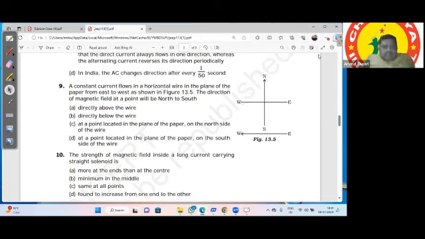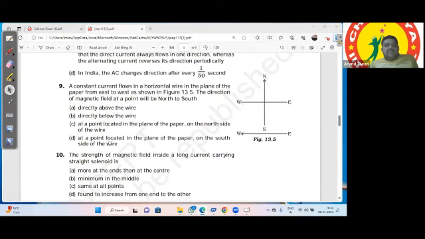Okay. So anyone got the answer? Amatur Rahman has sent the answer.